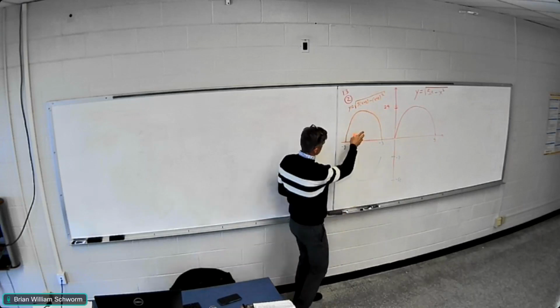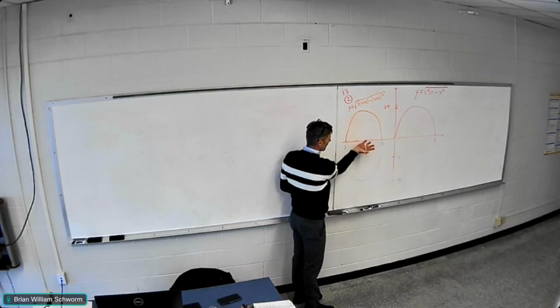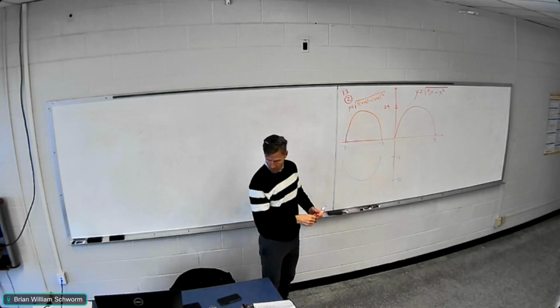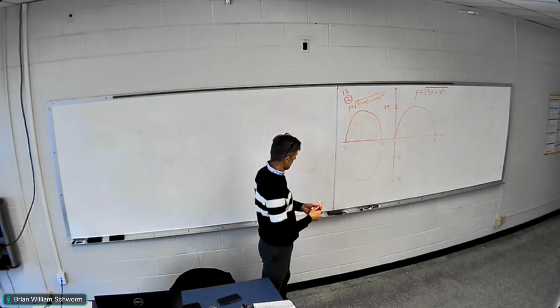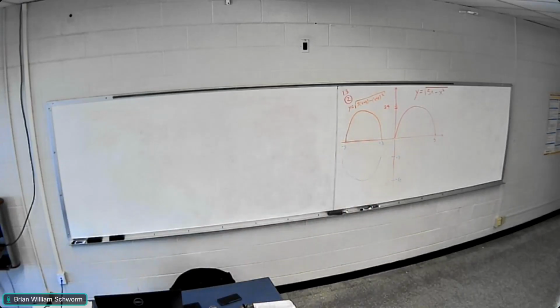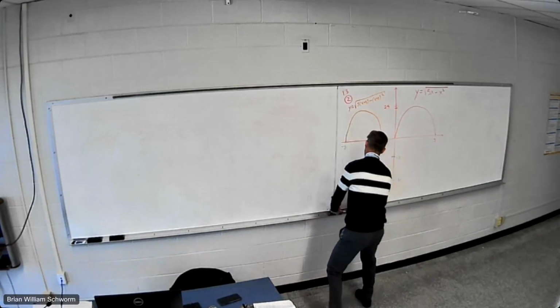Anyway, what next? The final graph's upside down. It's flipped. So I'm going to take this one and reflect it. I'm going to flip it. I don't have another color here. I'm going to use a black one.